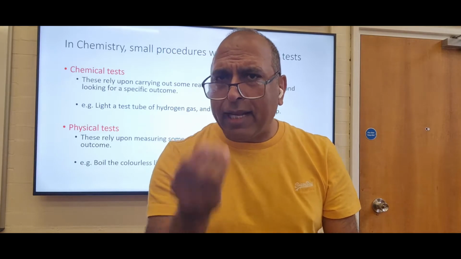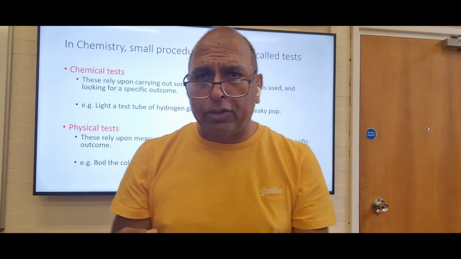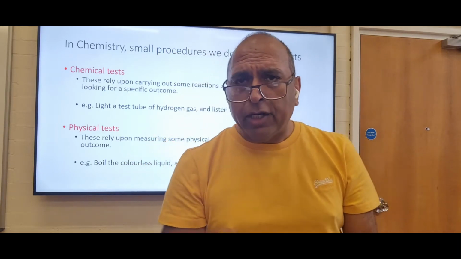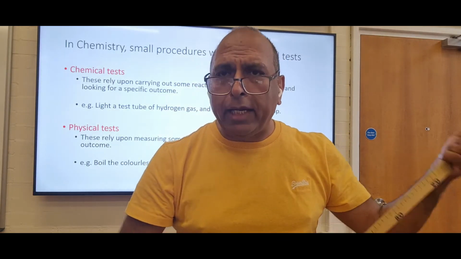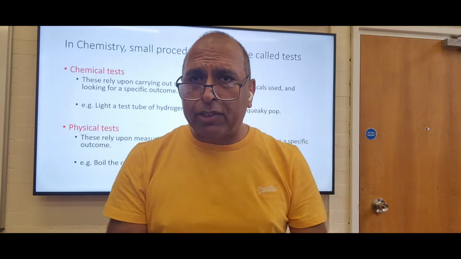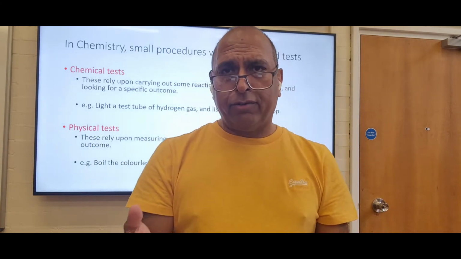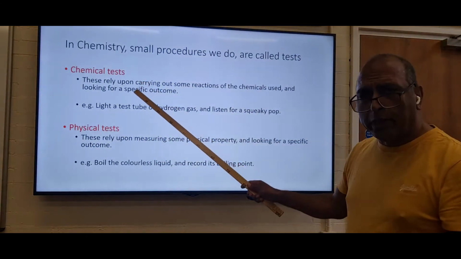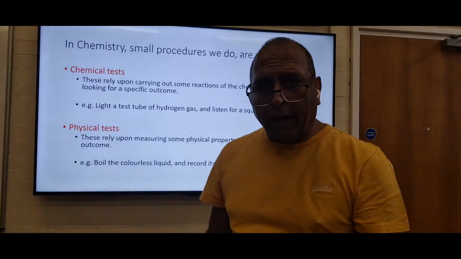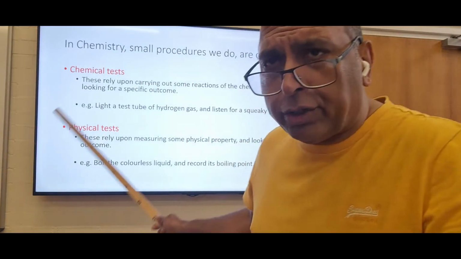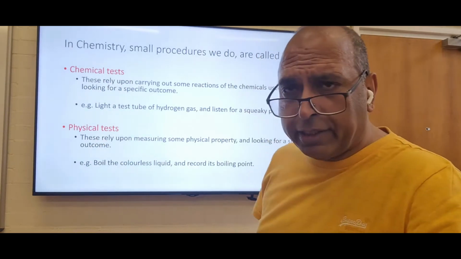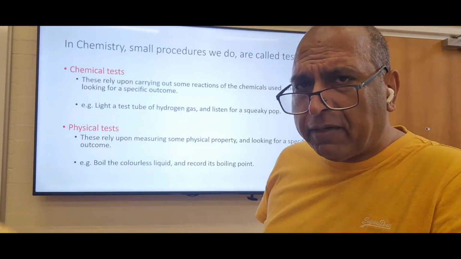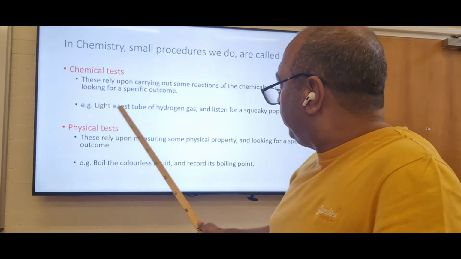It's like we look at density, or we look at boiling points, or we look at diffusion rates. It's where the chemicals stay as they are. There's no change to the chemicals per se. It's not a reaction. And we are going to look in the topic at a variety. We're going to look at some chemical tests, and we're going to look at some physical tests. So just to give you an example, so you know the difference.